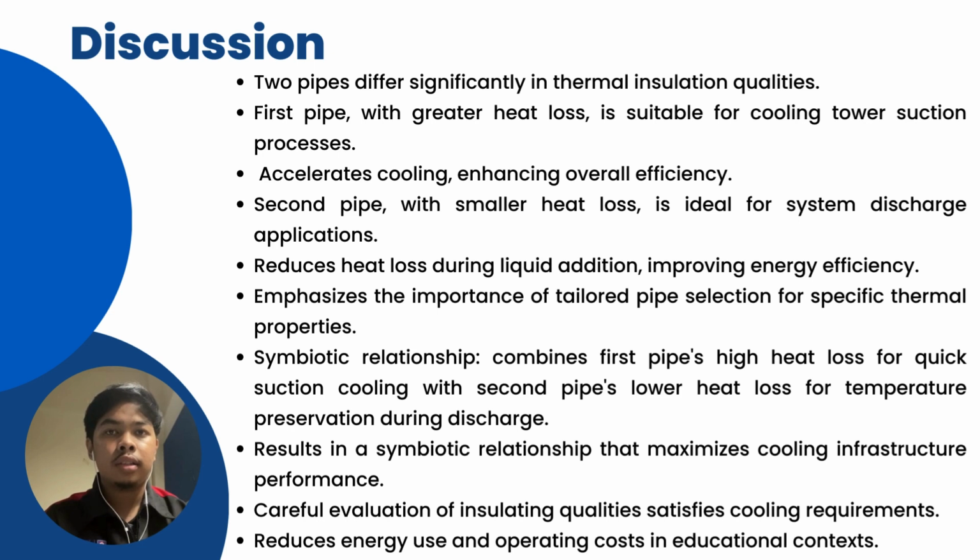This characteristic makes it particularly suitable for the suction process, especially in cooling tower operation, where the enhanced heat dissipation accelerates our cooling process, ultimately contributing to a more efficient system.